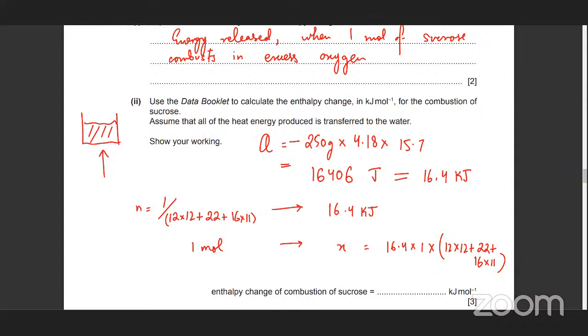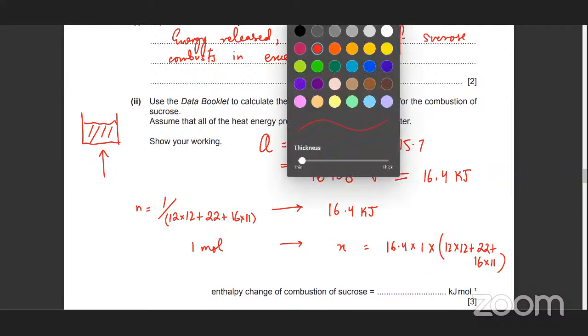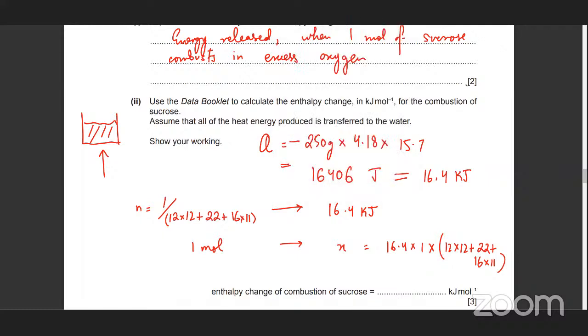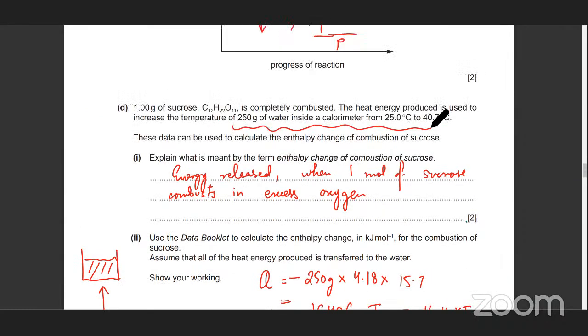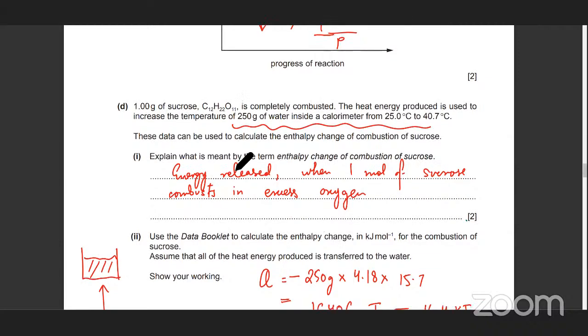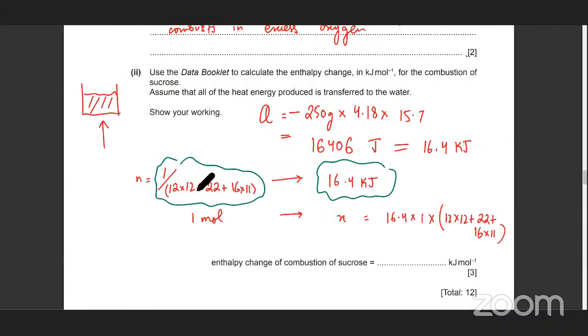So why did you multiply 16.4 with the moles? No, 16.4 means that these many moles produce this much energy, right? That was 1 gram, the question said 1 gram of sucrose was burned, so the water heated was this. Okay? So that is clear, these many moles produce this much energy. Then we were being asked to find the enthalpy change for 1 mole.